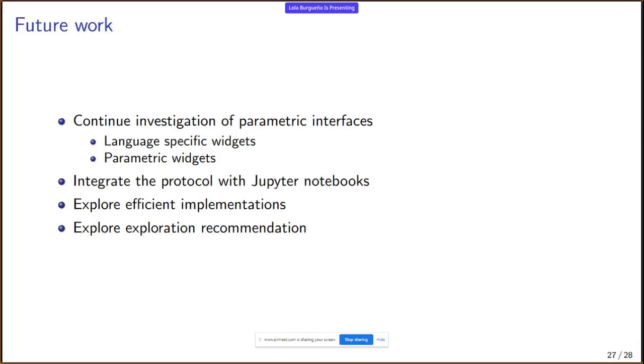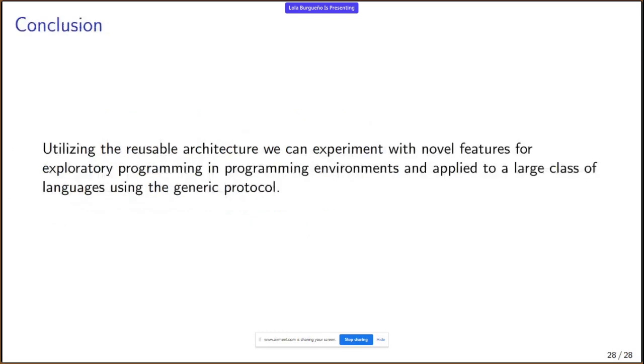So we want to see if we can find possible traces that we can recommend to users if you're working on a specific trace, and then say, this trace is also available and you might want to look at it. So yeah, with this reusable architecture, we have experimentation with novel features for exploratory programming in exploratory environments, and it can be applied to a large class of languages using the generic protocol.